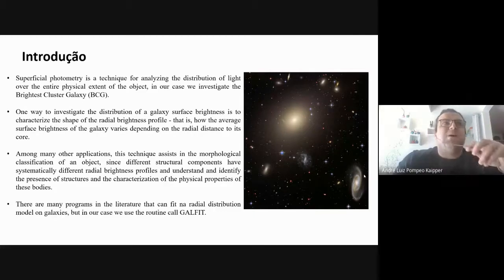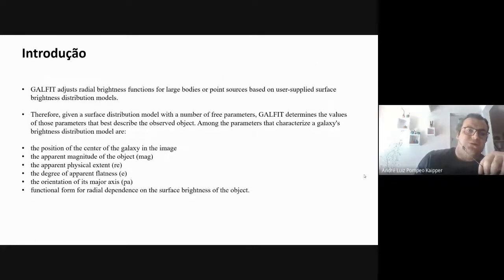In my work, I use a routine called GALFIT that fits a radial distribution model on these galaxies. The routine GALFIT adjusts radial brightness functions for large bodies or point sources, in this case galaxies or stars, based on user-supplied surface brightness distribution models.